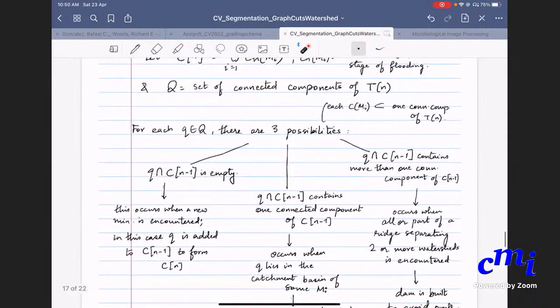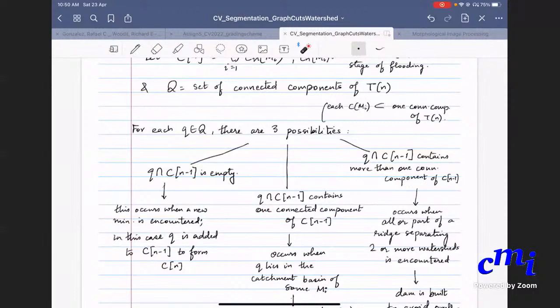As the water level rises from level n to level n plus 1, you take stock of what the connected components are. If this is a new connected component which was not there earlier, then you add it to your list. If it's a connected component which was part of an earlier watershed or which contains an earlier watershed, you just merge it.